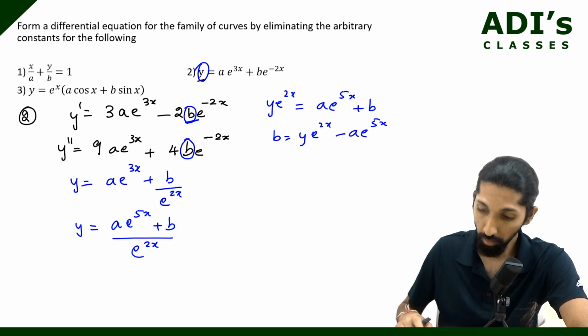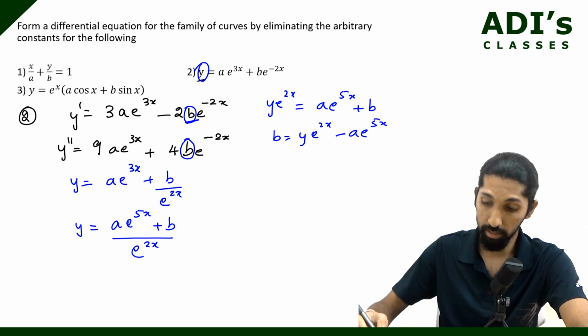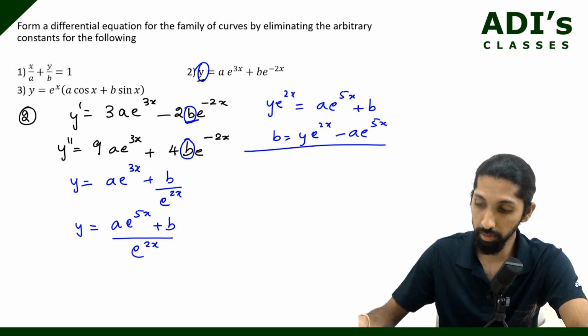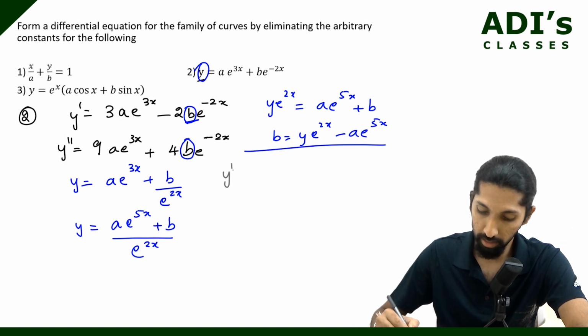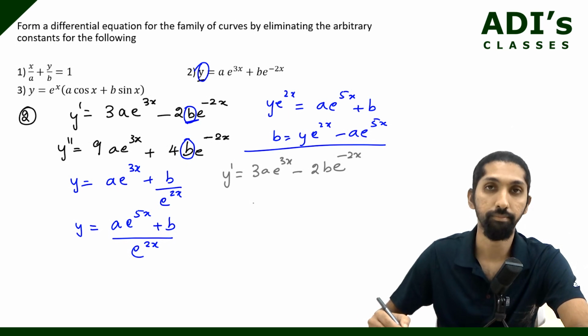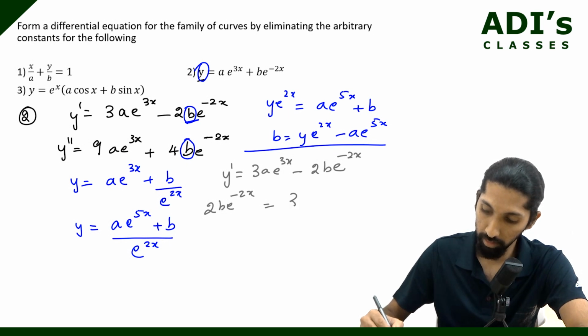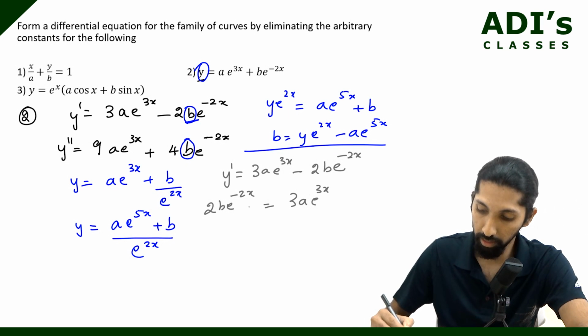Alright. So first this is b. Let's substitute this in y dash. What we get when you substitute in y dash is 3a e to the power of 3x minus 2b e to the power of minus 2x, correct? Or you can say 2b e to the power of minus 2x is 3a e to the power of 3x, so plus y dash.